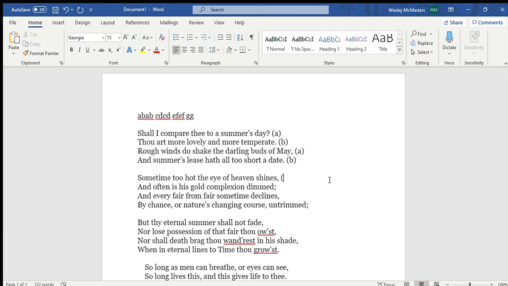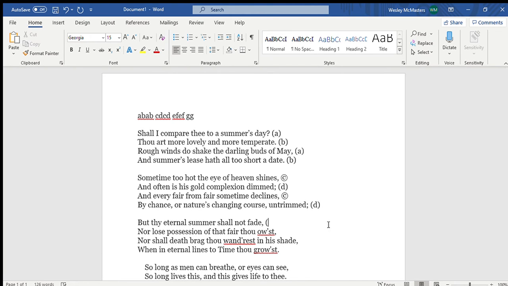And this just repeats. C, D, not supposed to be the copyright symbol, but we'll deal with it. C, D. So you'll see shines rhymes with declines, dimmed with untrimmed.